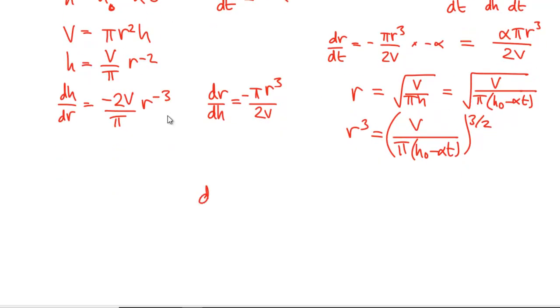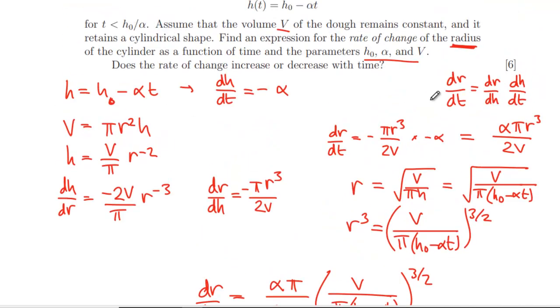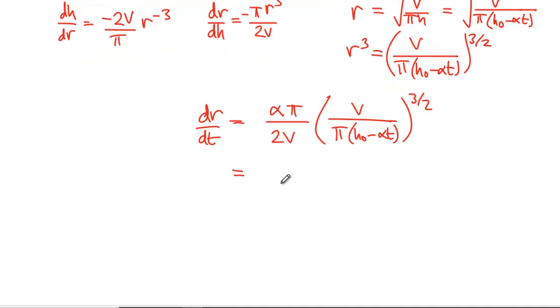We've now got that dr/dt is equal to alpha pi over 2v multiplied by v over pi (h0 minus alpha t), to the 3 over 2. Is there anything I really want to do with that? I suppose you could neaten it up a bit. Obviously, you'd lay this out much more neatly in an exam. I'm having to scatter it across the screen because I have to work sideways as much as up and down.